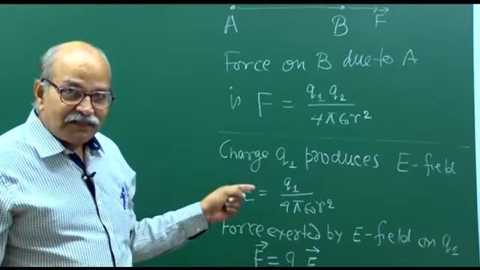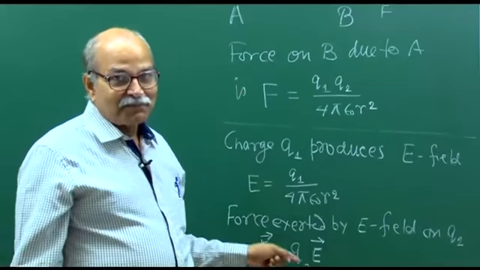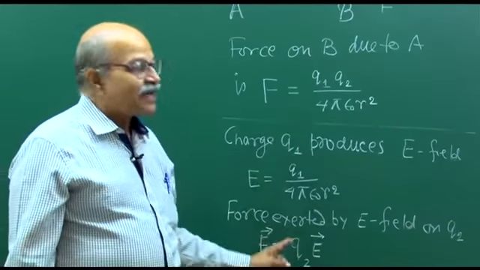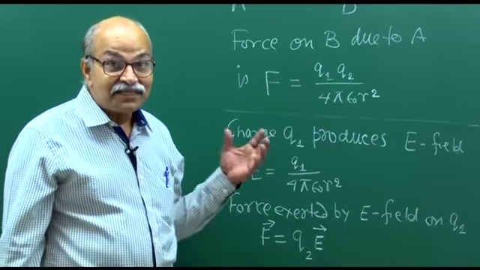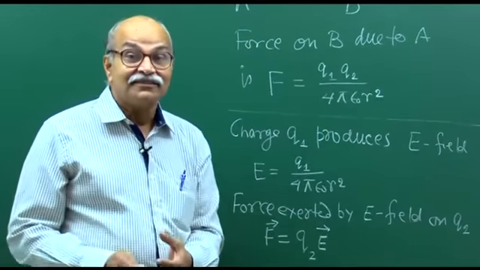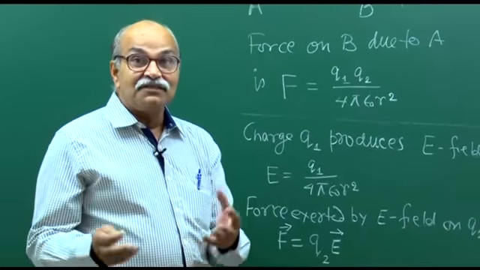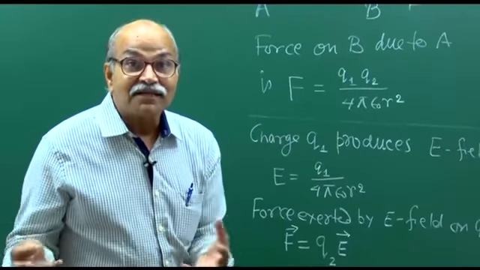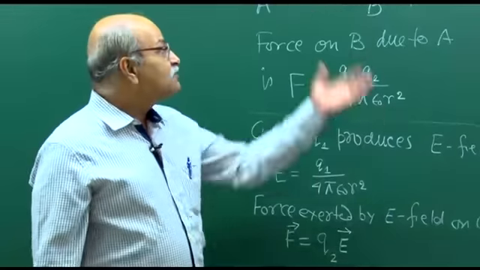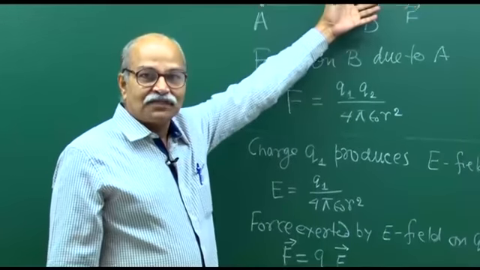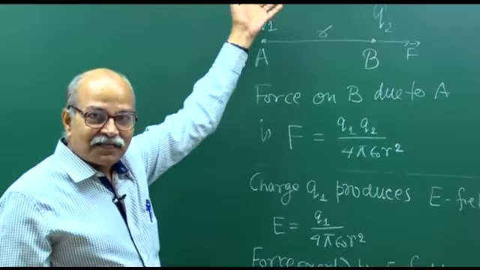I still emphasize that it is a two-step process and one must understand this, because electric field is a real entity. Just like you have matter, you have field. The field is very much there, whether Q2 is there or not.